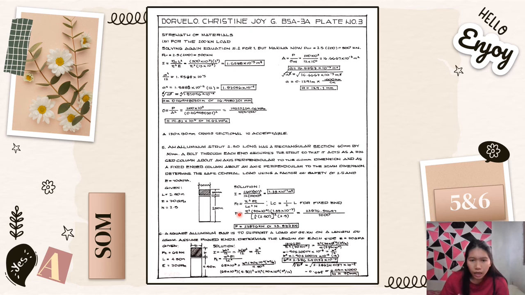So for the FC is equal to pi squared EI all over LE squared Newton, and for the LE is equal to 1 over 2 L for fixed end, and for the F is equal to pi squared times 70 times 10 raised to 9 times 1.35 times 10 raised to negative 7 all over 1 over 2 times 2.50 squared times 2.5, which is equal to 223,876.5464797 all over 1,000.